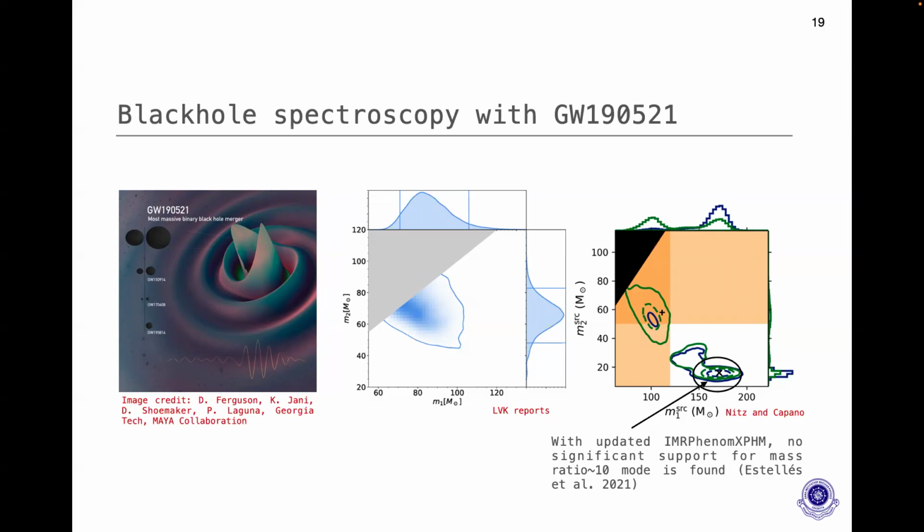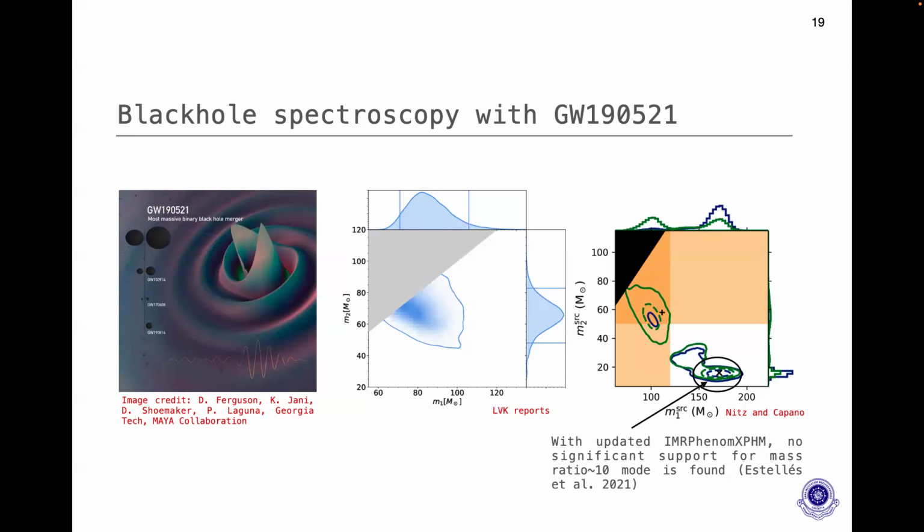What they found is the blob as reported by the LVK collaboration, but they also found a secondary blob which signifies a higher mass mode. That means this blob tells us that there could be more than one quasi-normal mode present in the gravitational wave data from the ringdown.